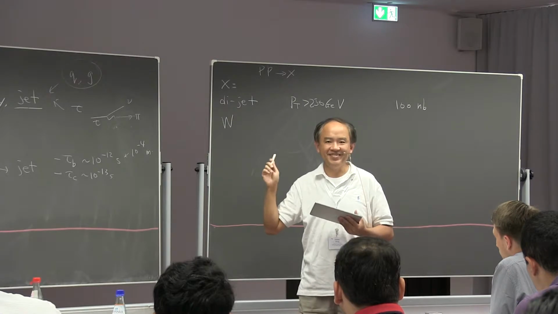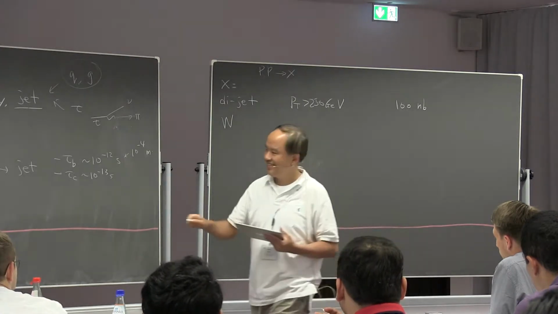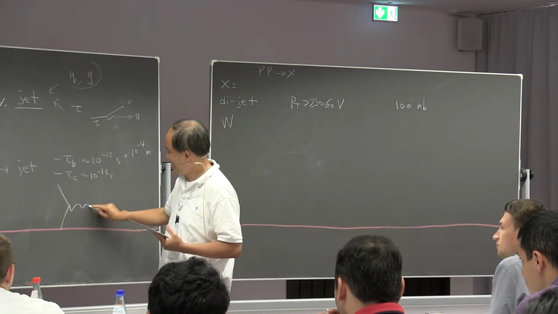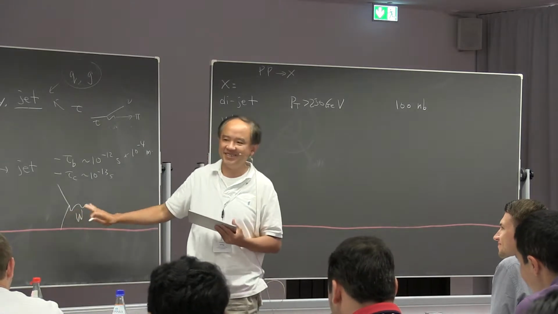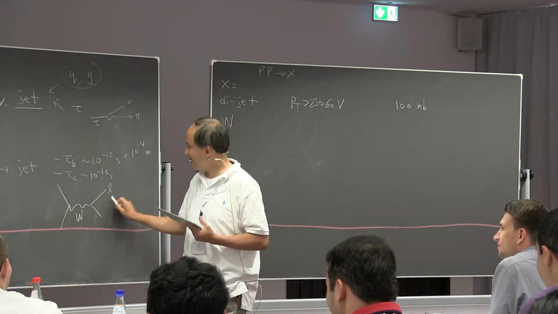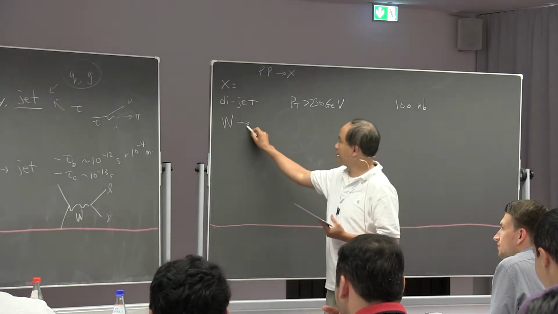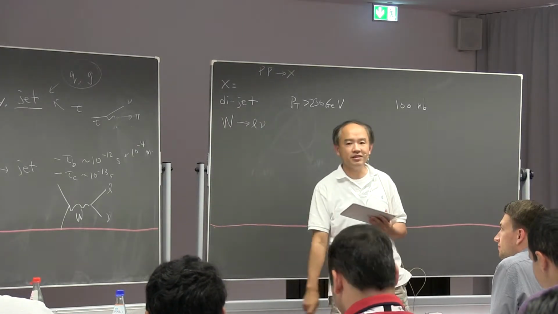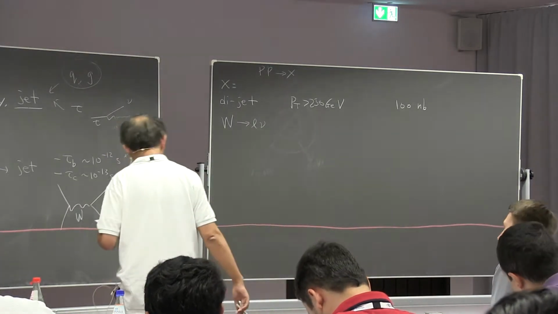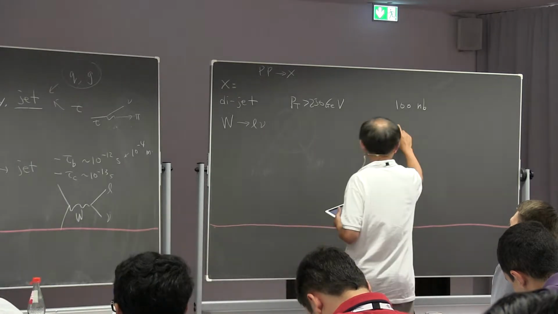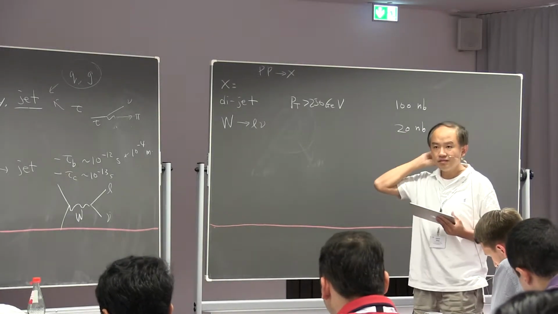Just in case you're wondering, I'm sure you have seen this before, I just want to make sure. But W goes to leptons, and this is 20 nanobarn. It's also a very big cross section.